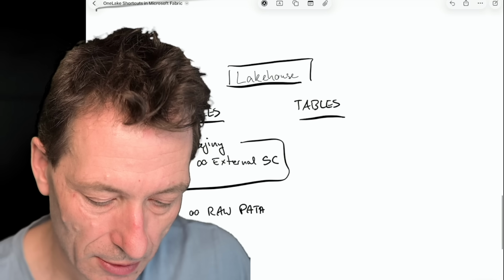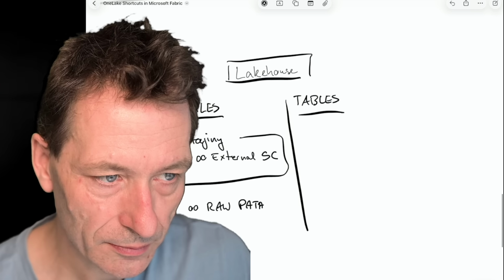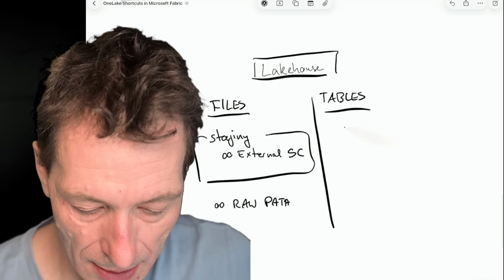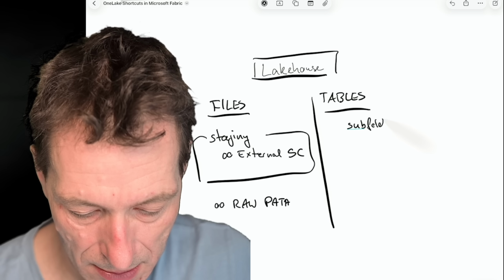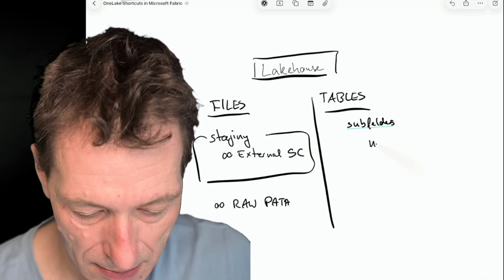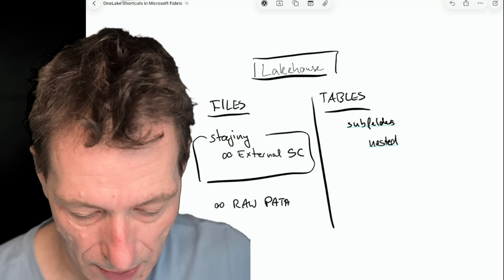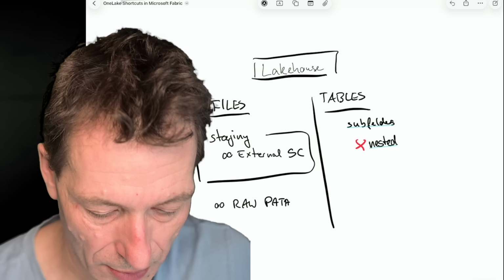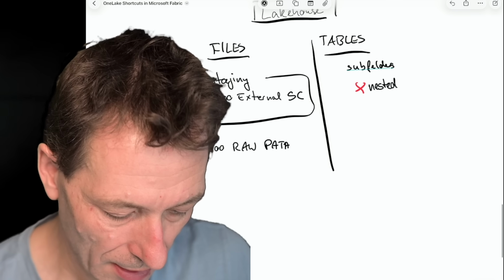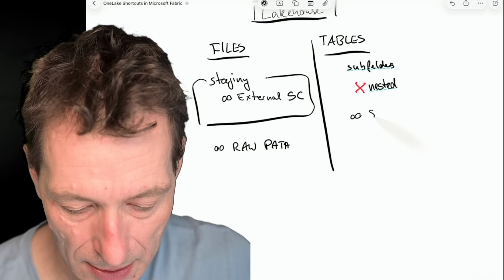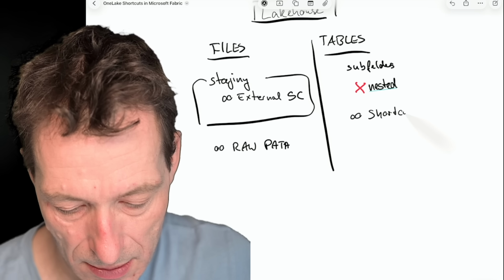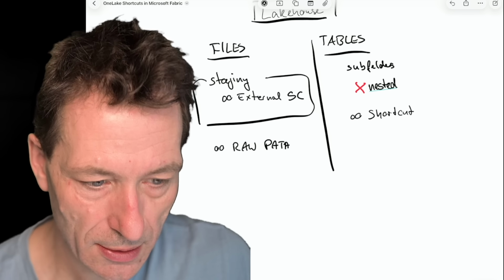The tables folder is more complicated. Tables folder doesn't accept subfolders. Nested files. This is not possible, not acceptable. I could link data formats directly with a shortcut inside here.